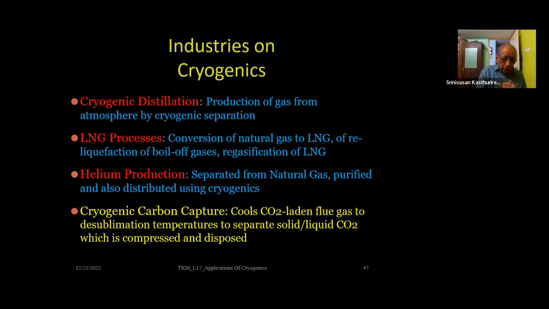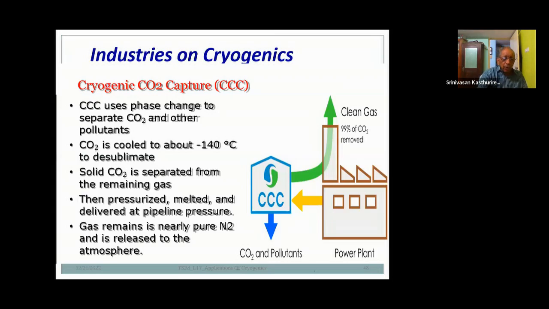That means you cool it and bring it to desublimation temperatures, and thereby you produce solid and liquid carbon dioxide, which is compressed and disposed. This is the cryogenic carbon capture. We'll see a little more detail.